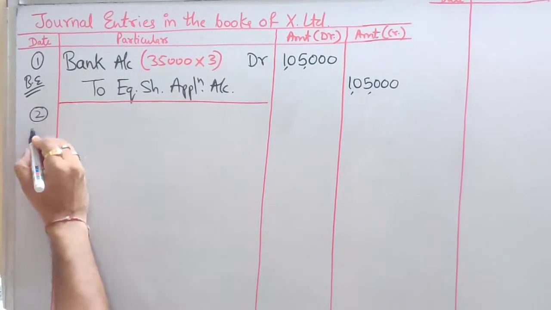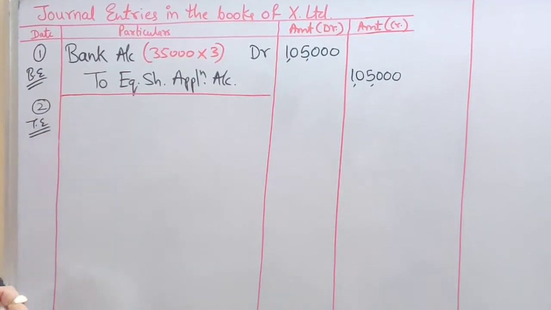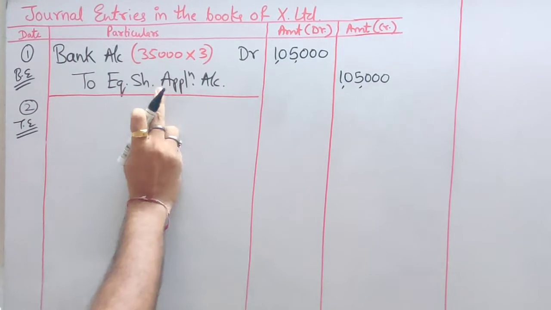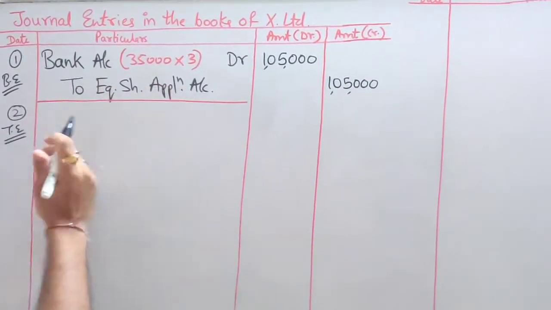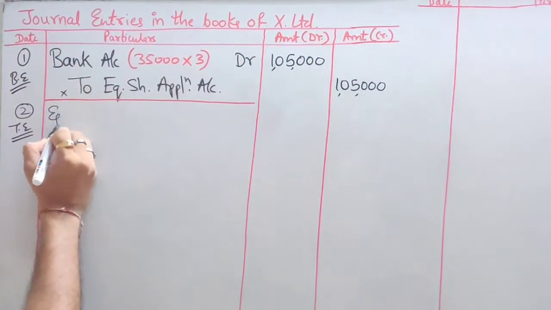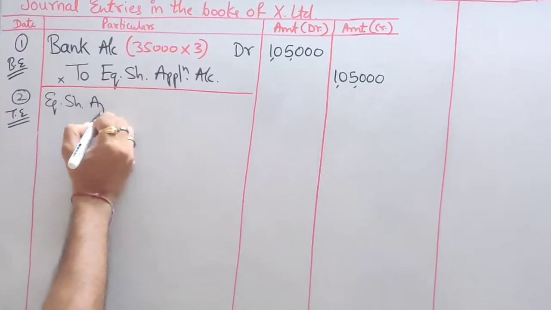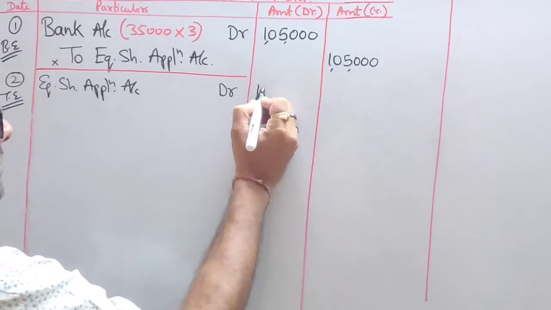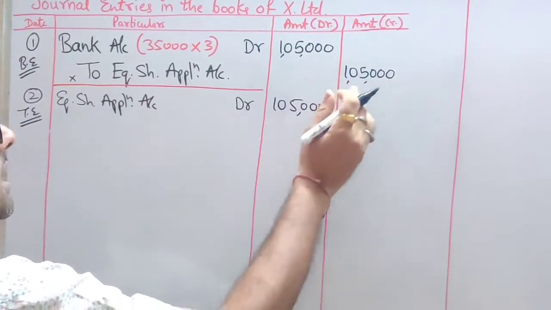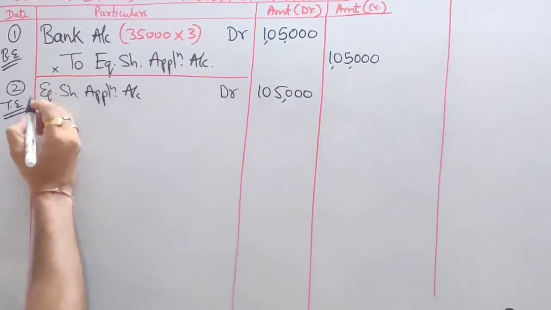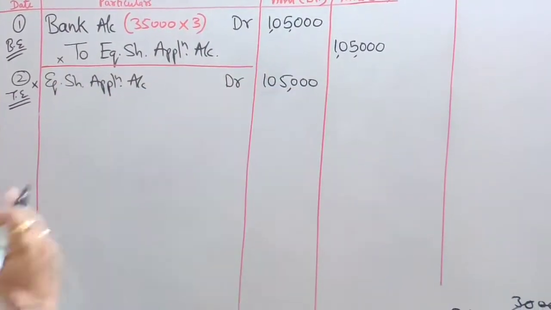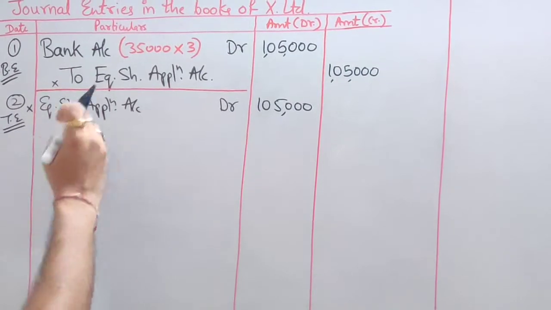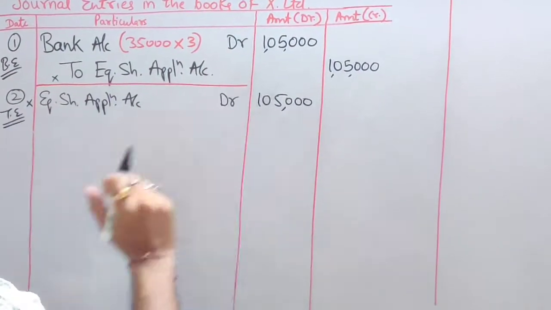Now your entry number 2 is the transfer entry. What do you do, students, in the transfer entry? You know the basic entries now. You want to cancel this temporary account. To cancel this, I will debit equity share application account with the same amount, 1,05,000. I have to write the same amount, then only this account gets cancelled completely. So application account is credited, and now in entry number 2 I am debiting it to cancel it.